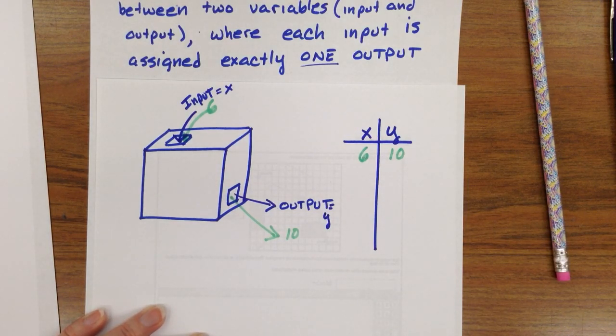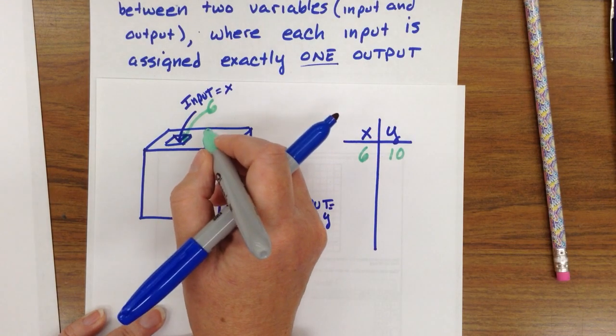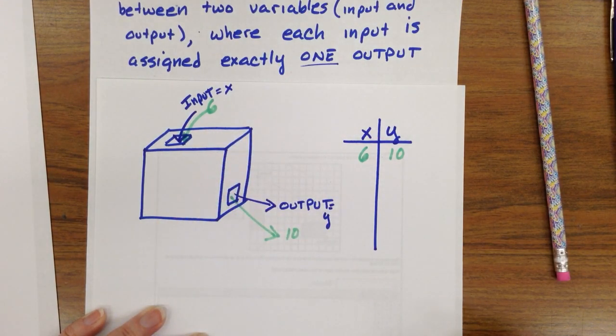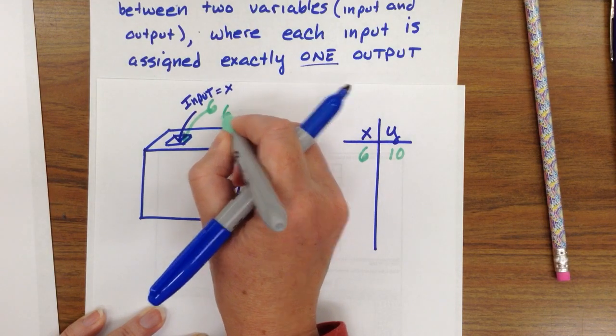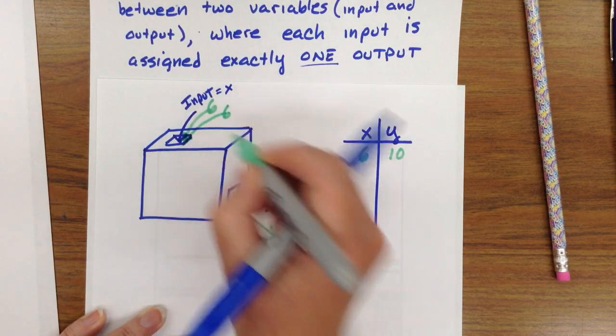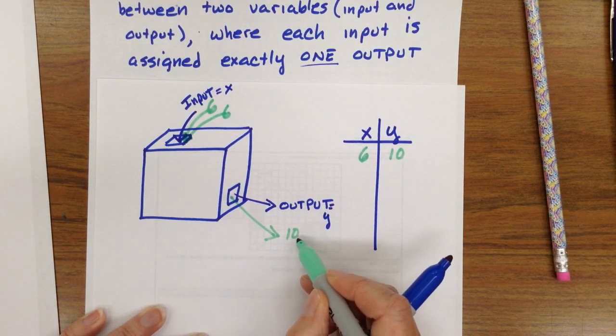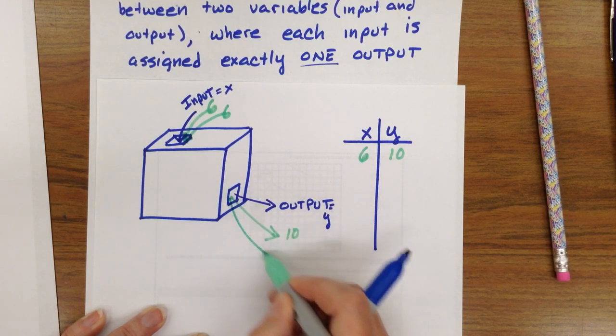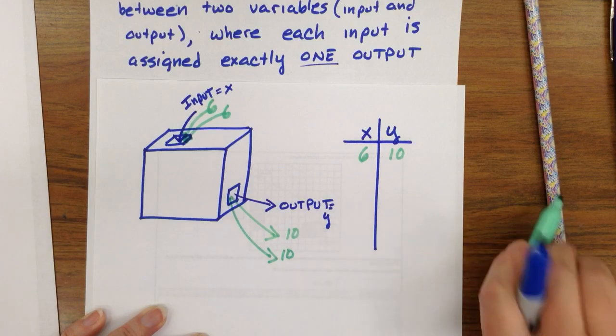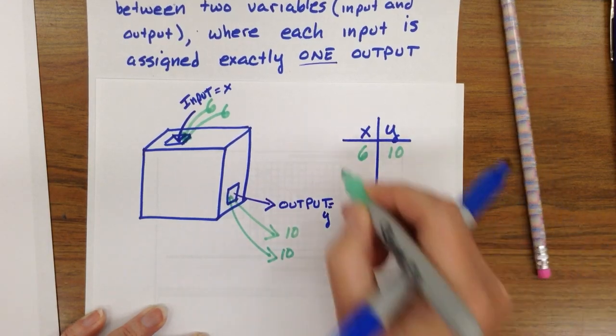If you are a function and I come to this function machine later in the day and I put 6 into the machine again, it cannot change its mind and give me a different answer. It needs to stick with the answer of 10.